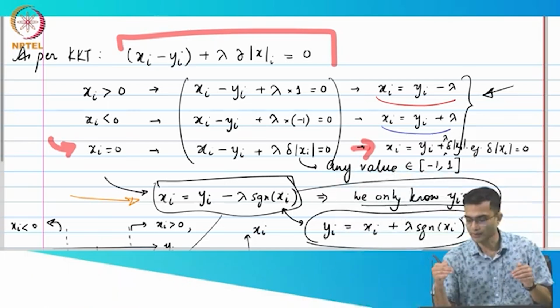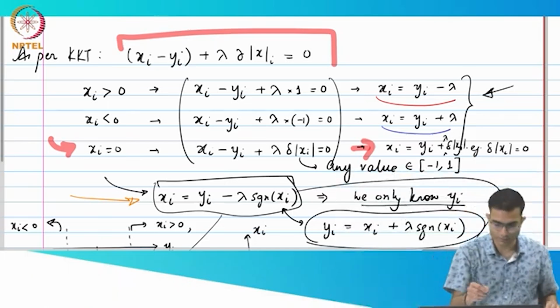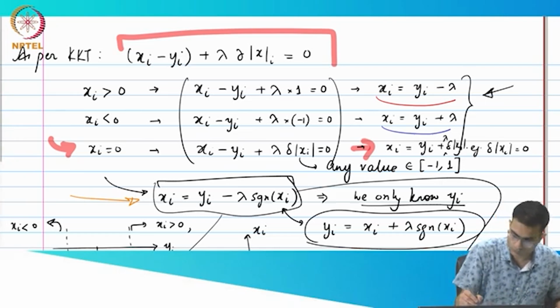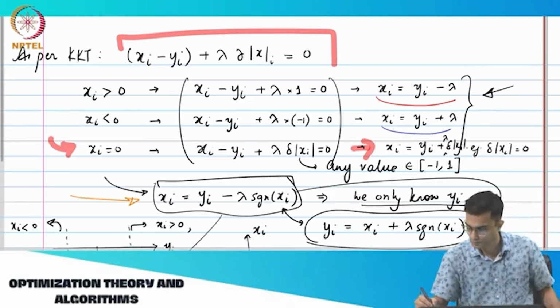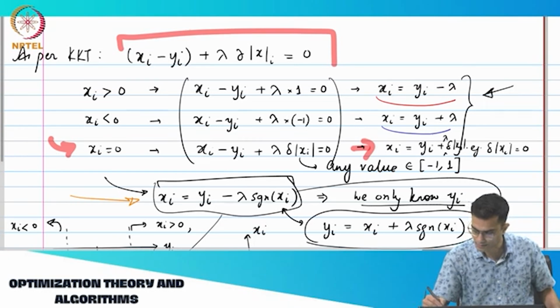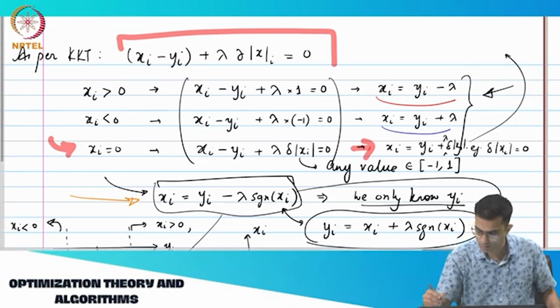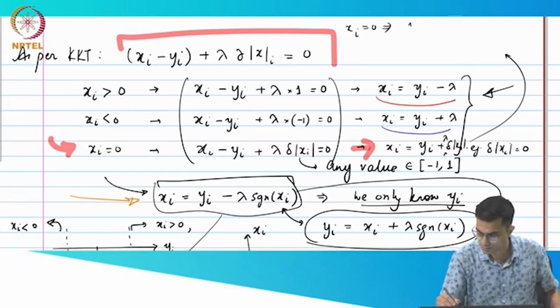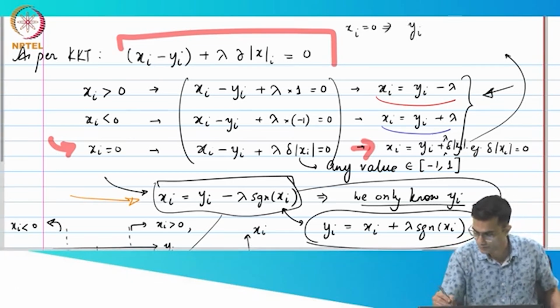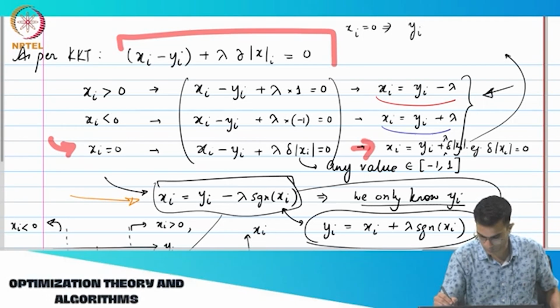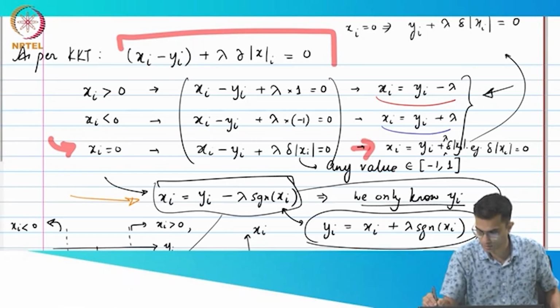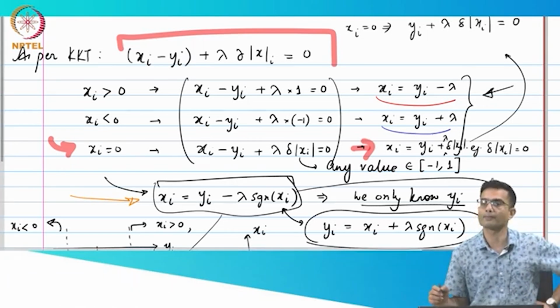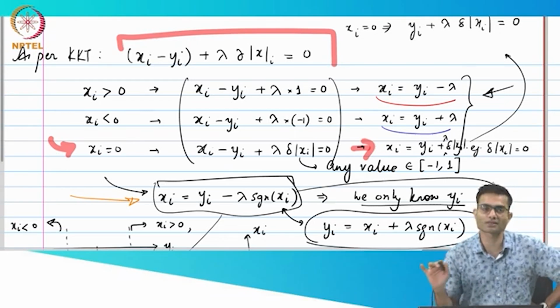So I am left with yi plus lambda times the subdifferential of xi equal to 0. We are just blindly substituting and seeing what comes out.